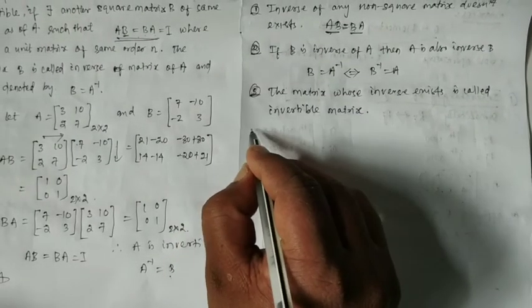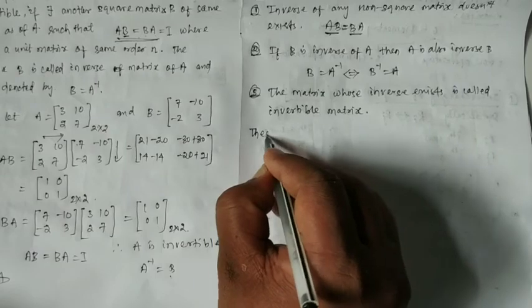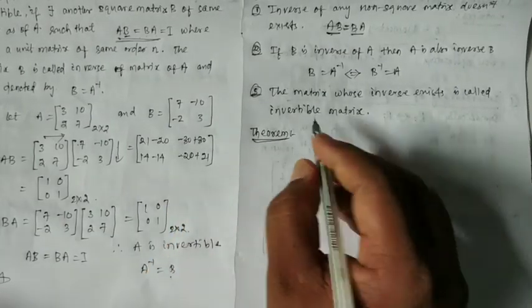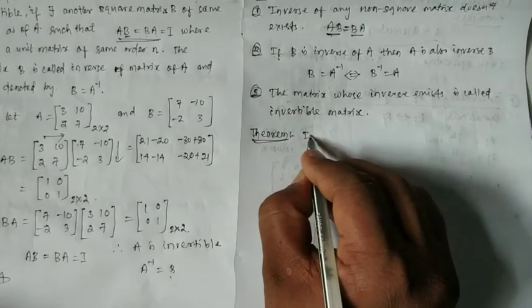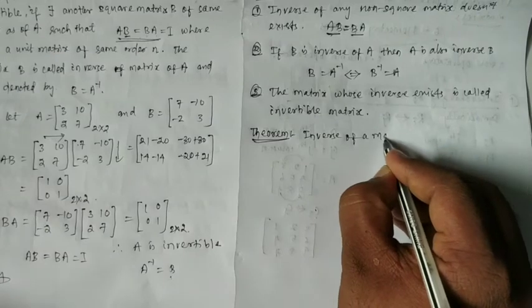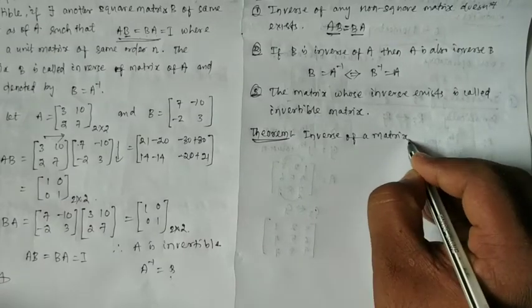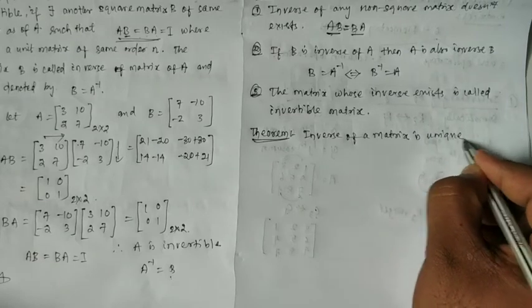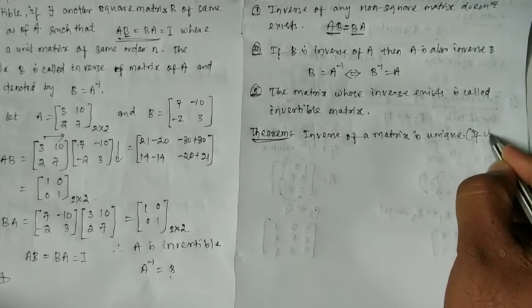Now we discuss one of the most important theorems. The inverse of a matrix is unique if it exists.